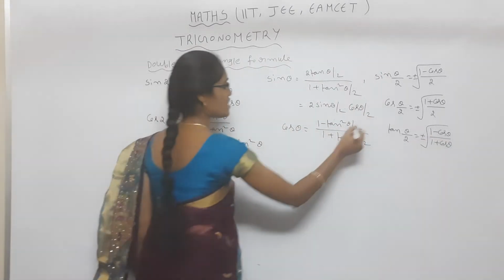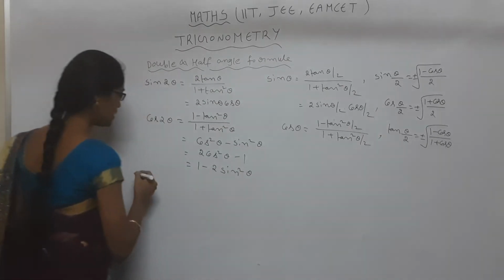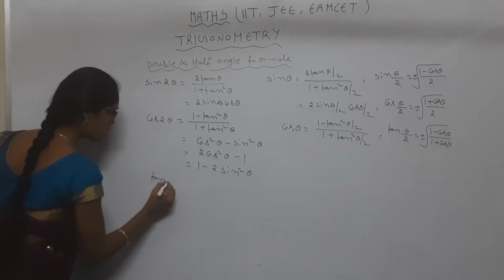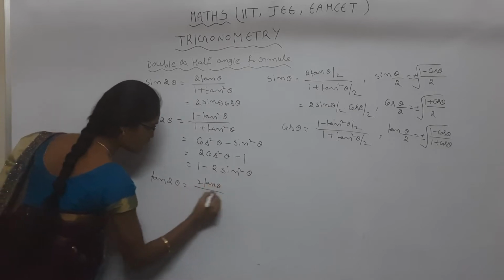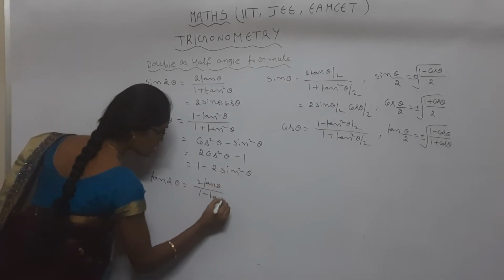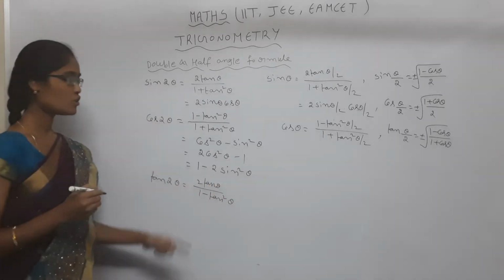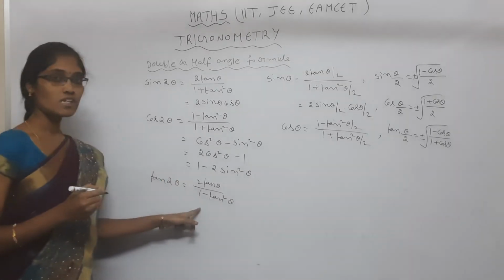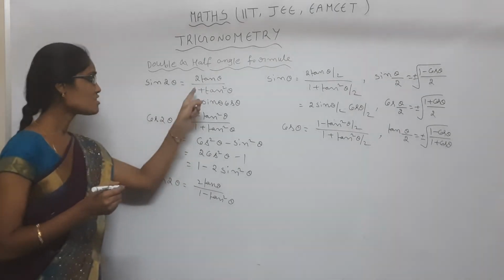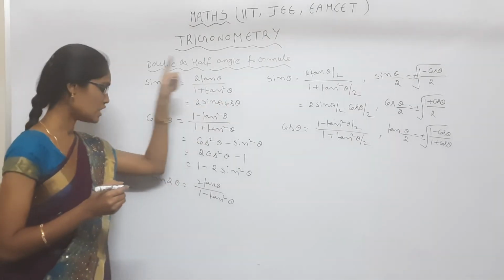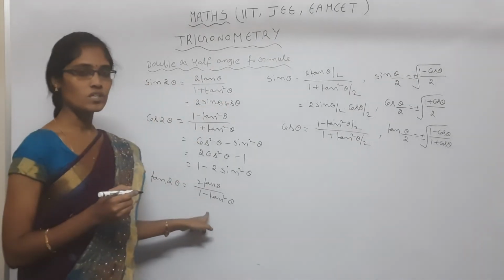Next you can see the tan 2 theta formula. Tan 2 theta is equal to 2 tan theta by 1 minus tan square theta. See the difference between sin 2 theta and tan 2 theta: in the denominator, sin has 1 plus tan square theta, but here it is 1 minus tan square theta. Observe this.